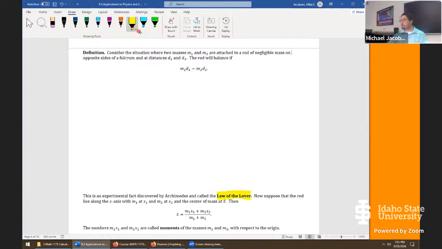Here's how it goes. We'll have two masses, mass 1, mass 2, think of them in grams or kilograms. They're attached to a rod of negligible mass on the opposite sides of a fulcrum at distances d1 and d2. So let's start by drawing this out. Here's mass 1. Here's mass 2.